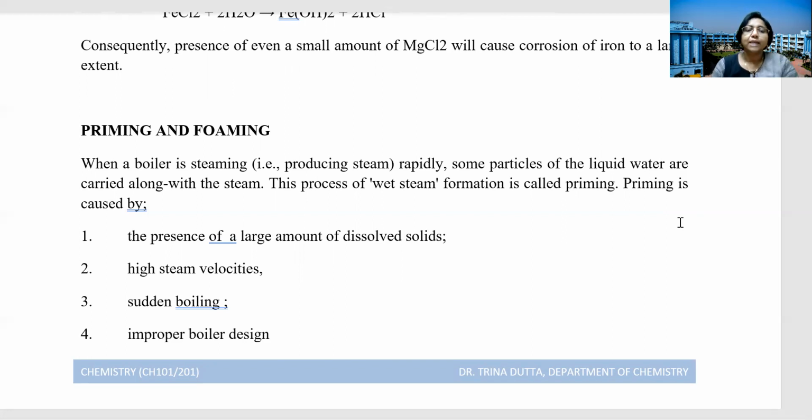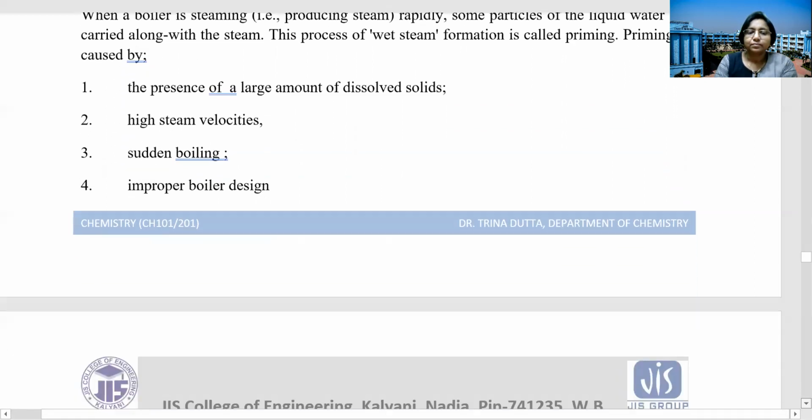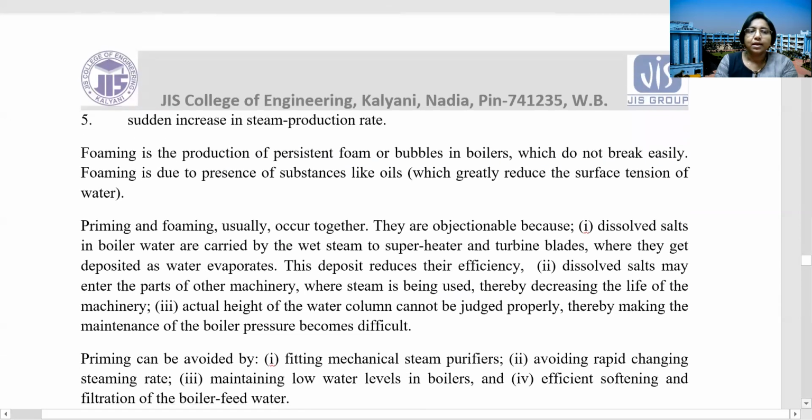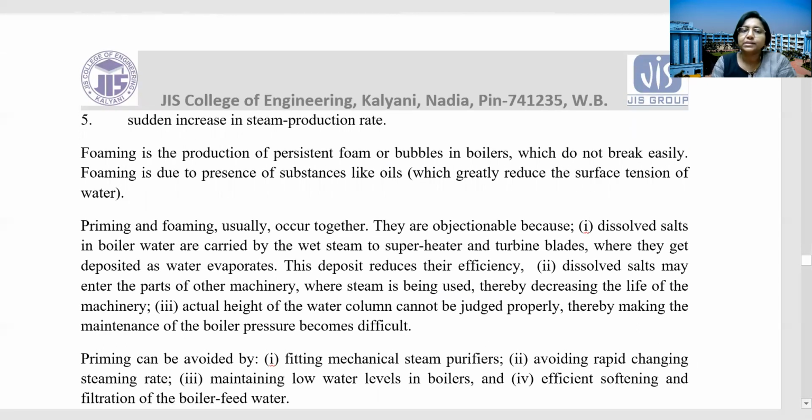Priming can be caused by dissolved oxygen, high steam velocities, sudden boiling, improper boiler design, sudden increase in steam production rate, etc. Foaming is the production of persistent foam or bubbles in the boiler, which do not break easily. Foaming is due to the presence of substances like oils. Priming and foaming usually occur together, and they are objectionable.